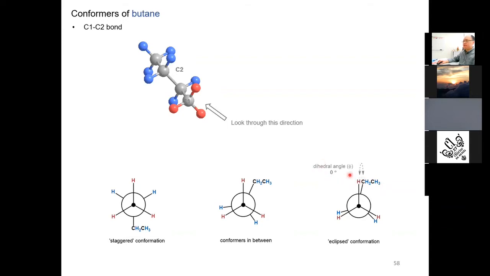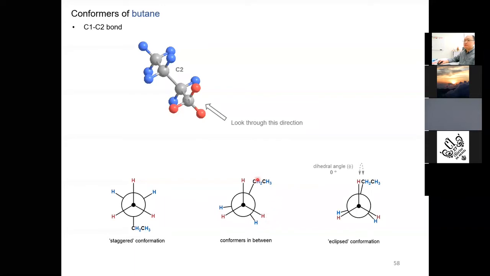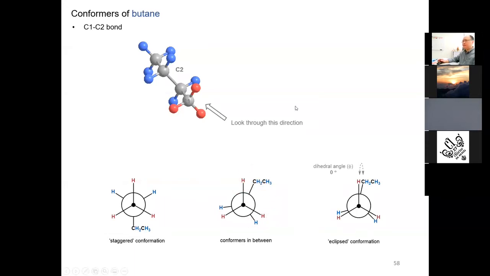So there is no dihedral angle because they are eclipsed already, and the 2 hydrogens are eclipsed. Again, between these 2 extreme conformers, there are numerous conformers, like these. You can quantify this angle; it's between 60 degrees and 0 degrees.